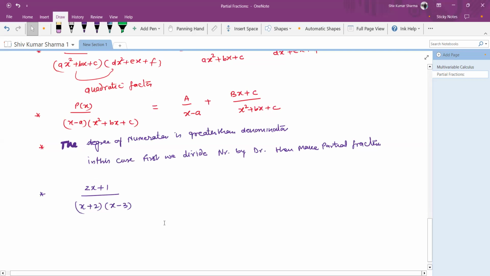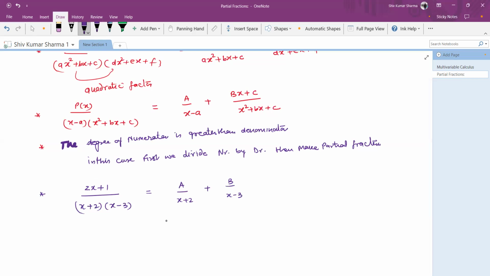For this term we can do the partial fraction directly, because the power of the numerator is less than the power of the denominator. So we write down a upon the first factor x plus 2, plus b upon the second factor x minus 3. We can use the direct formula here. So what is the direct formula?